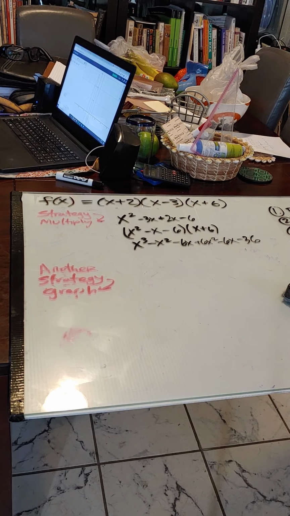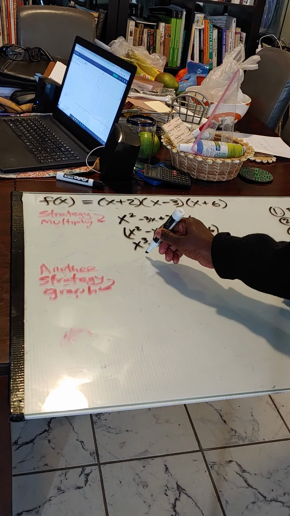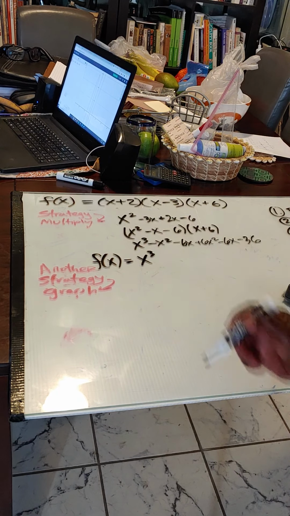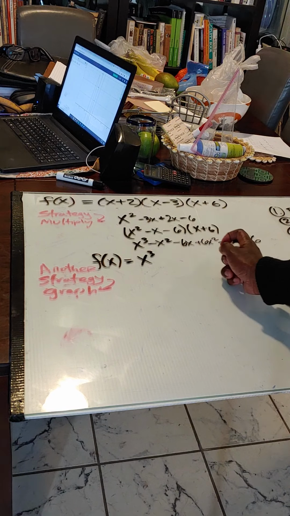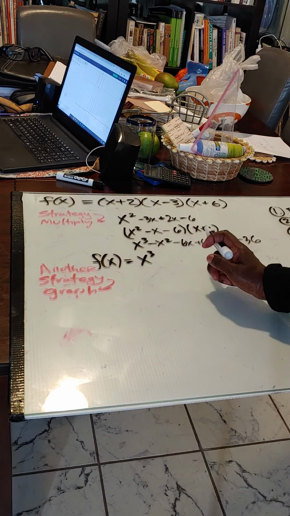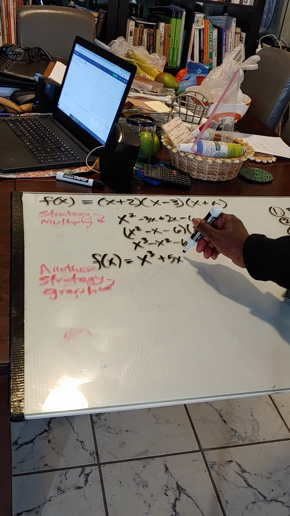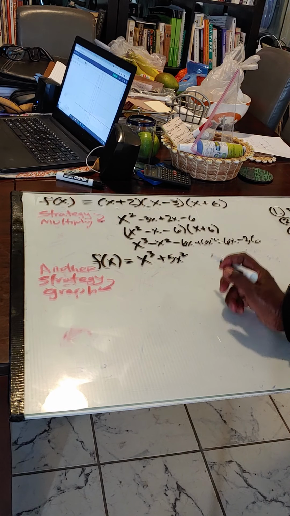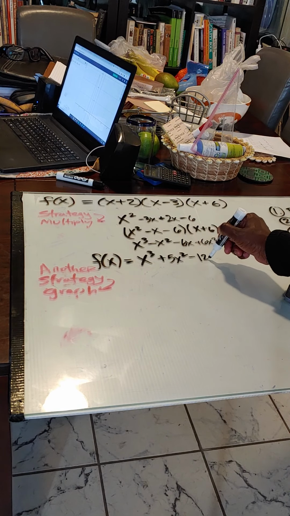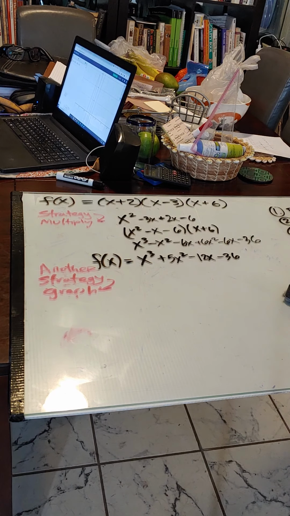And so this function condenses to f of x is going to be equal to x cubed, negative x squared plus positive 6x squared gives us positive 5x squared, negative 6x plus negative 6x gives us a negative 12x, and minus 36. Okay, and so yeah, that's that polynomial in standard form, descending order.